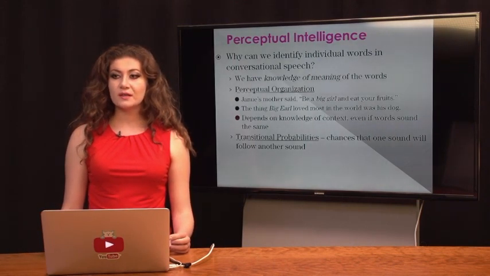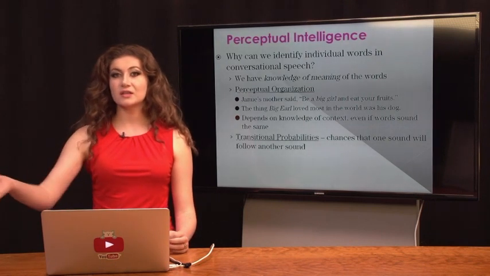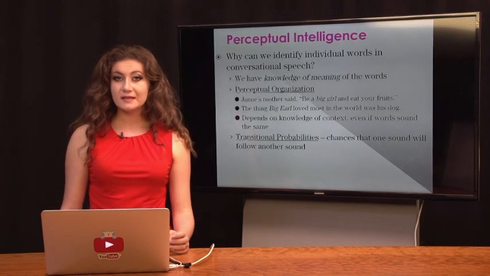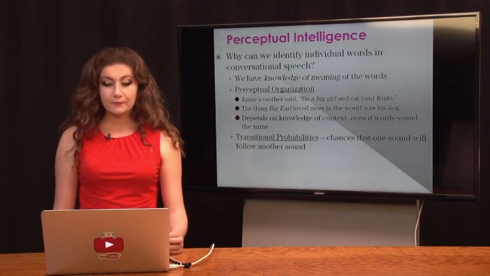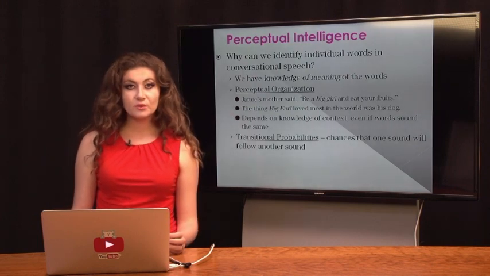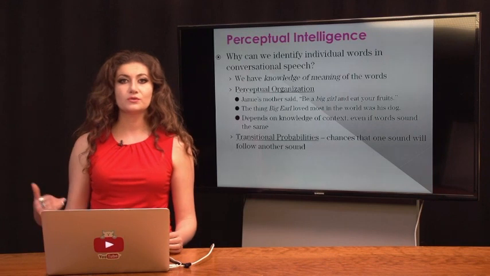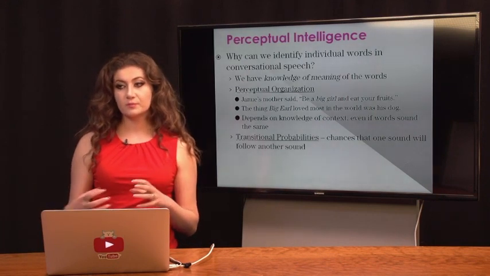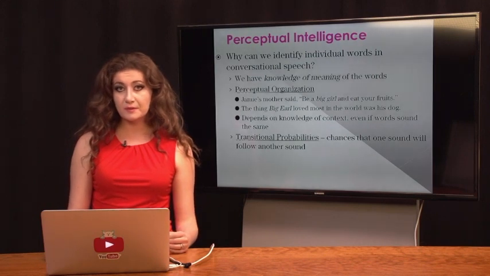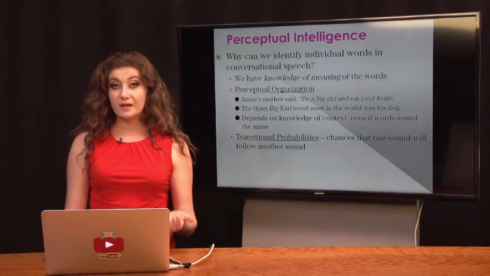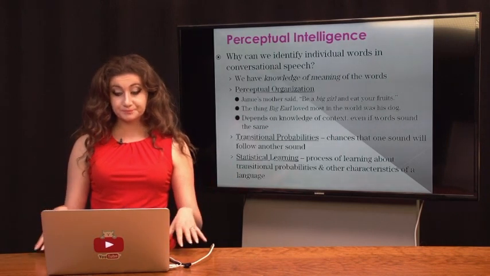You will know that for most of the times when there's an IGH, the GH are silent and it's pronounced I, like night, fight, sight, right? In French words, you know that there's often QUO or QUI. There's a string of particular vowels that follow a consonant. So those are examples of transitional probabilities that we have perceptual intelligence of.